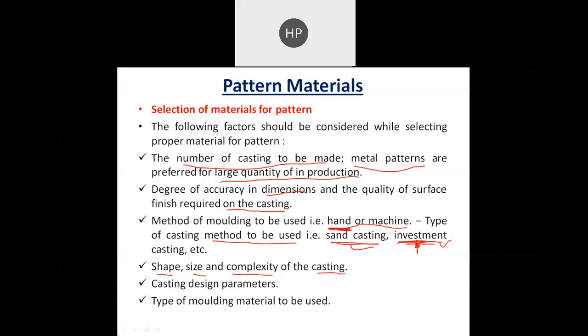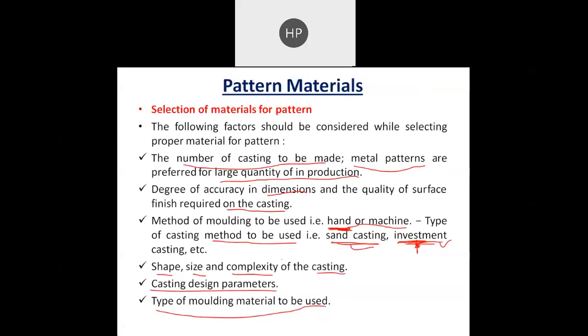Based on that we have to select the pattern material. Then the casting design parameters, because when we prepare a casting there are certain design parameters we have to consider, and based on them we select the material. And then the type of molding material to be used. Based on that we also make the selection of pattern material.